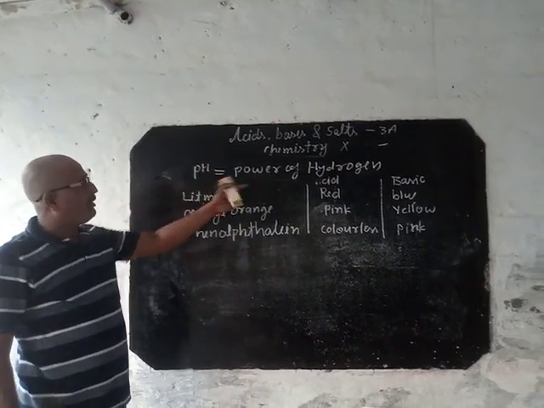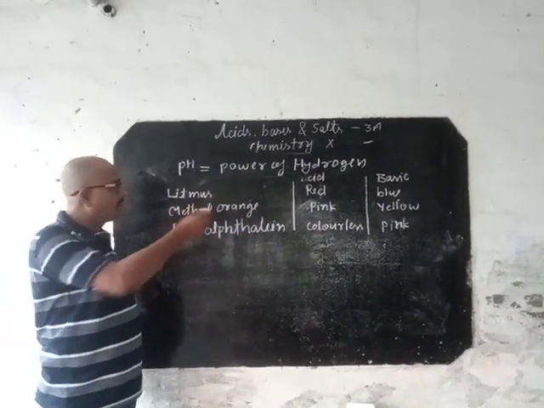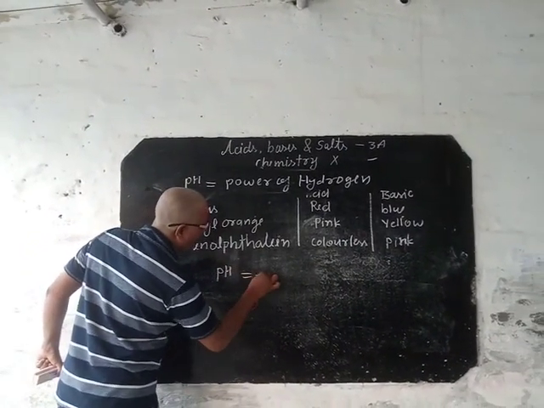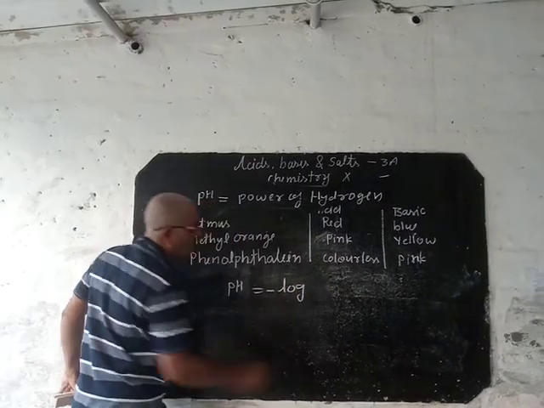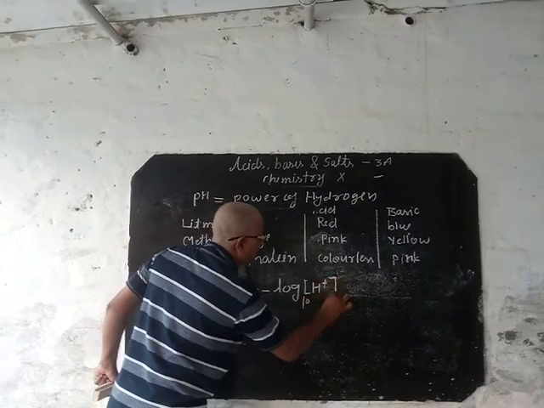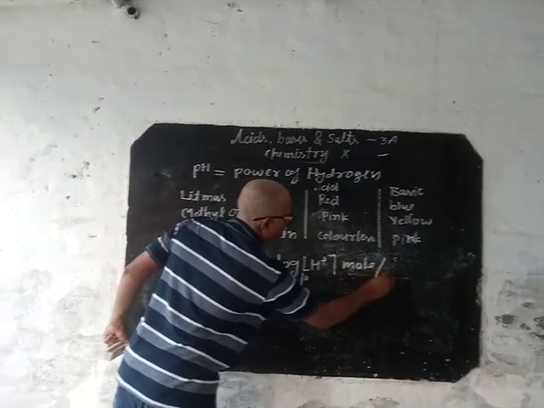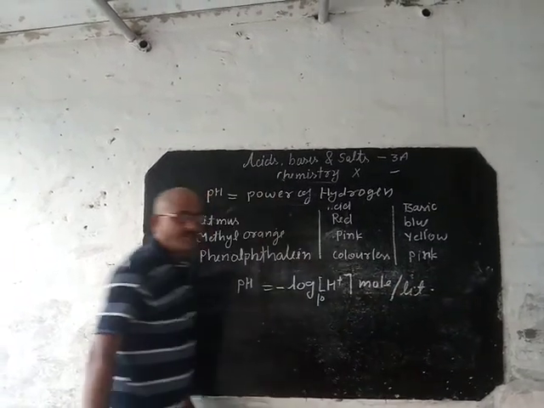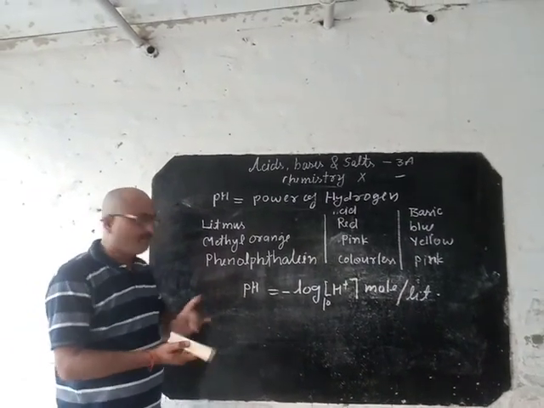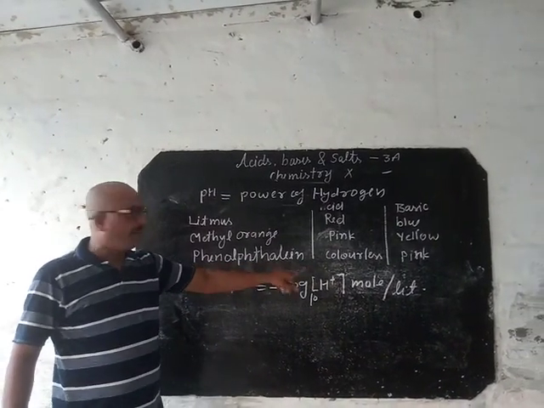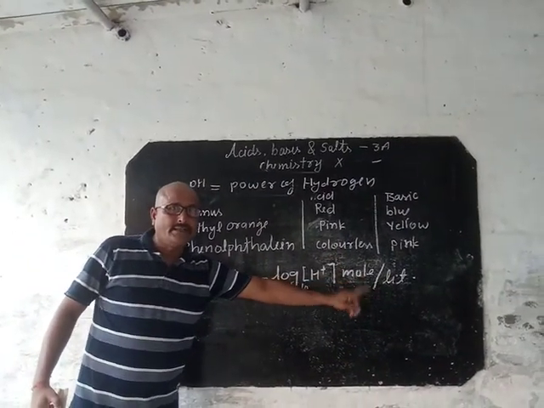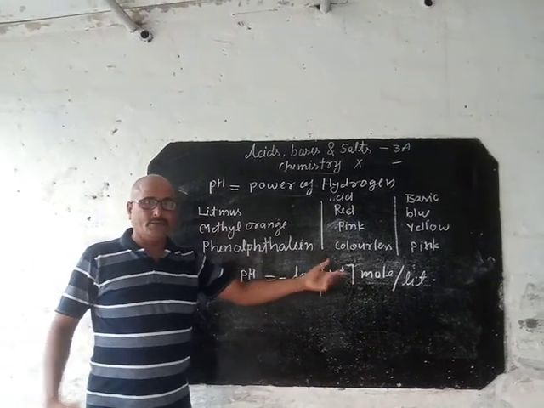Just I said pH means power of hydrogen, but what is the definition of pH? pH is defined as the negative of the logarithm to the base 10 of the hydrogen ion concentration expressed in mole per liter, known as pH value. That is the definition only. You can write in a statement: pH is the negative of the logarithm of hydrogen ion concentration to the base 10 expressed in mole per liter.